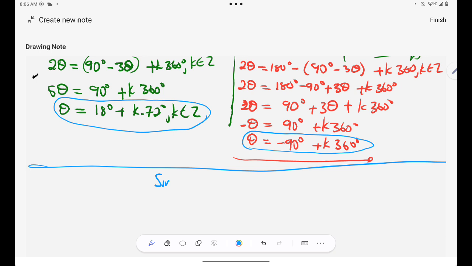Just take sine 2 theta minus 30 degrees is equal to the cos of theta minus 10 degrees.